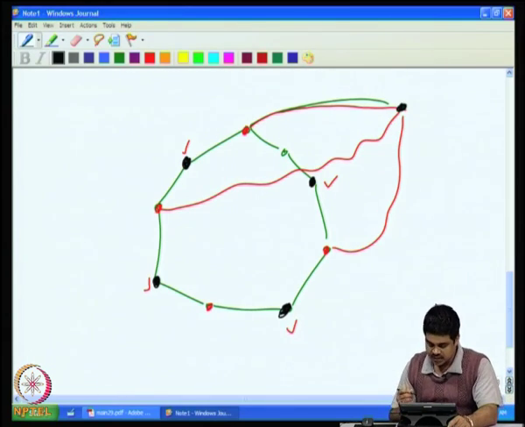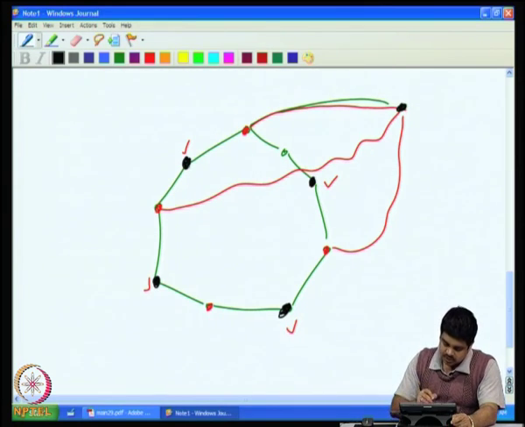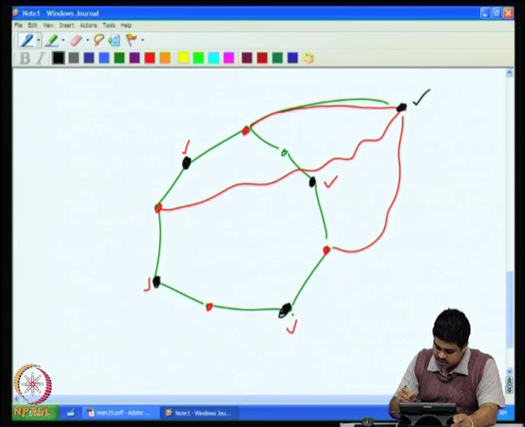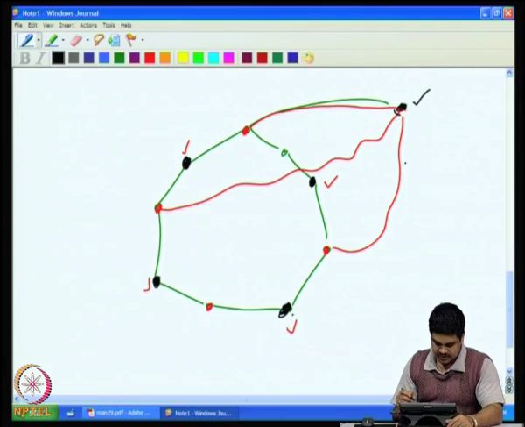If you get a longer cycle, then it is a contradiction. Now, suppose these black vertices form an independent set. Then along with these black vertices I can add this vertex also, because it is non-adjacent to all of them, and clearly there are at least kappa of them. So, we will get a kappa plus 1 sized independent set.